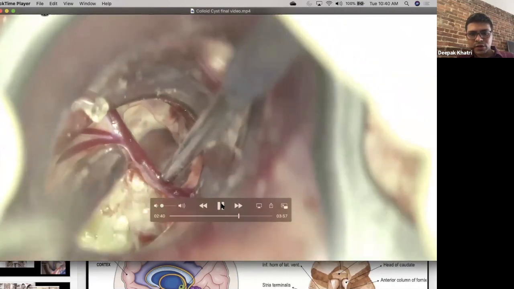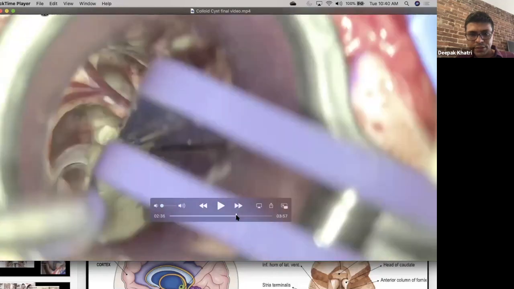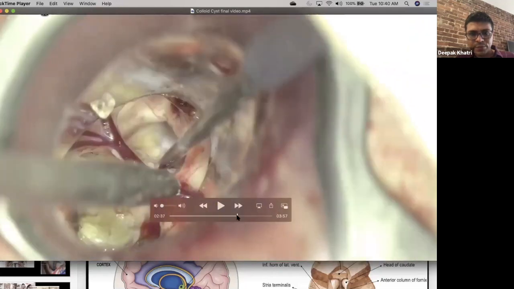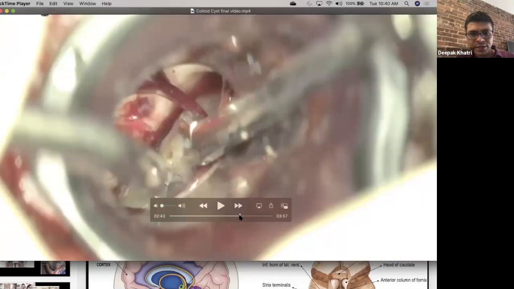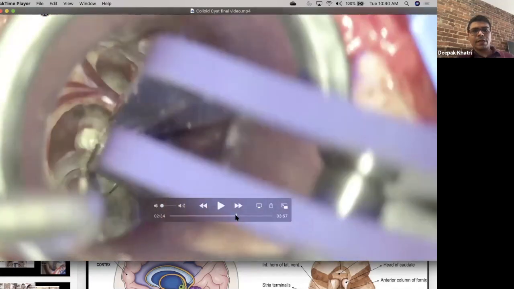We use the cautery, let me show you again. So this is the bipolar cautery, and it is another important technique. Just like if you boil an egg, it solidifies.